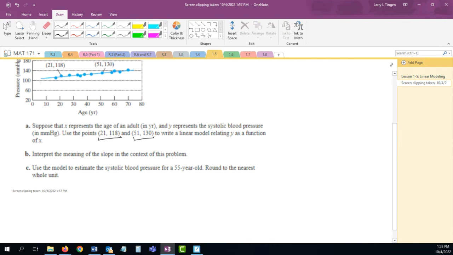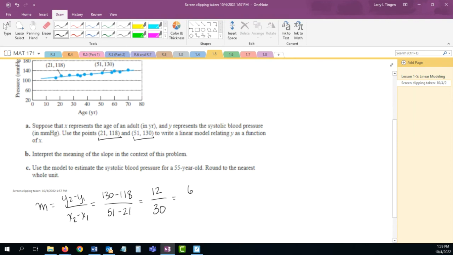So in order to write the equation of the line passing through these 2 points, I need a point and I need the slope. I have points, I don't have a slope though. So the slope is what? Y2 is 130, Y1 is 118, X2 is 51, X1 is 21. 130 minus 118 is 12. 51 minus 21 is 30.